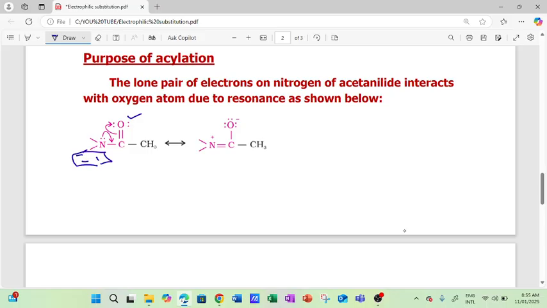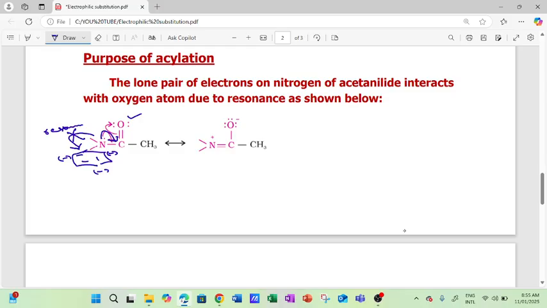Normally nitrogen gives electrons to the benzene ring, so the ring gets negative charge in all the ortho positions and the para position. That's the normal behavior due to resonance. But in this case, because of the amide group, the nitrogen's electron is moving away from the benzene ring. You see this? It is not moving towards the benzene ring, it is away from the benzene ring.